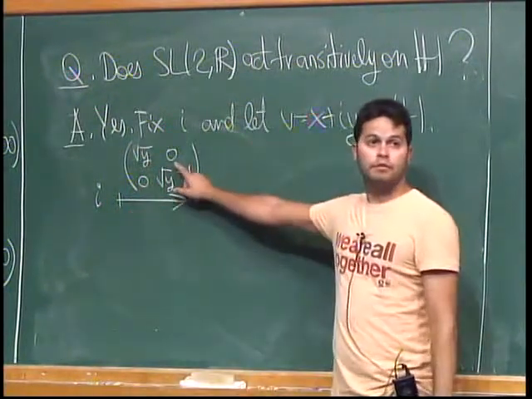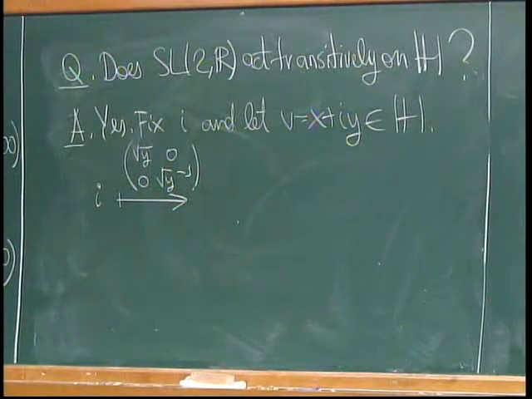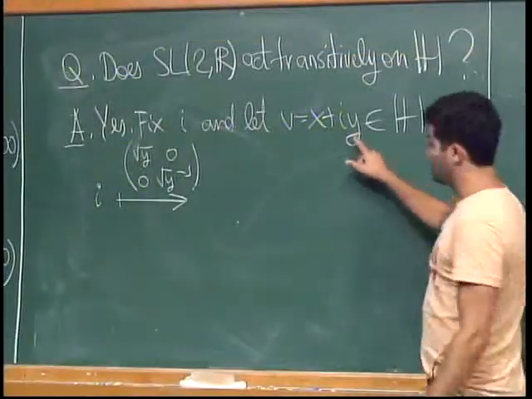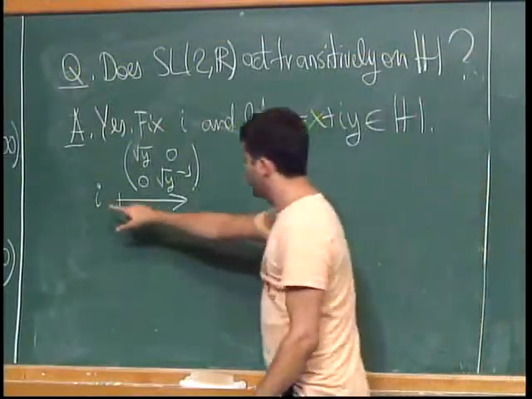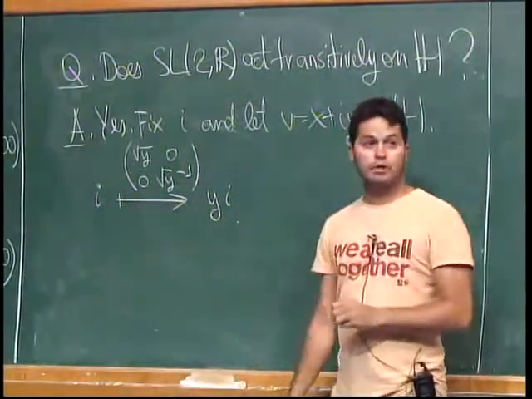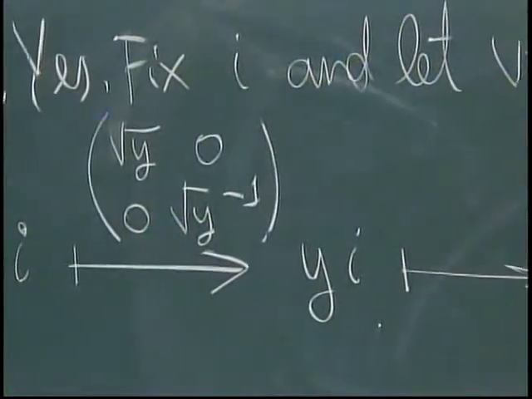This matrix is an element of A, and it acts by dilation. I put the square root of Y, which I can do because Y is positive. So this point I goes to YI. Okay? And now I want to send YI to X plus YI.